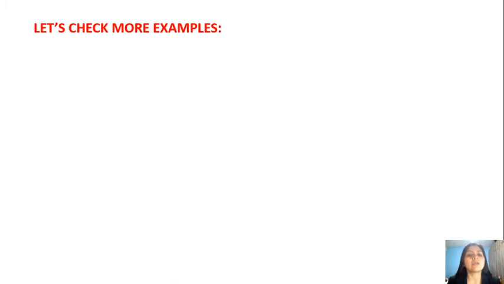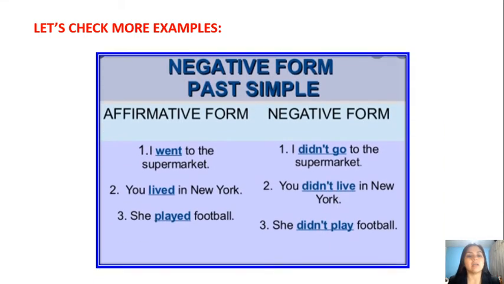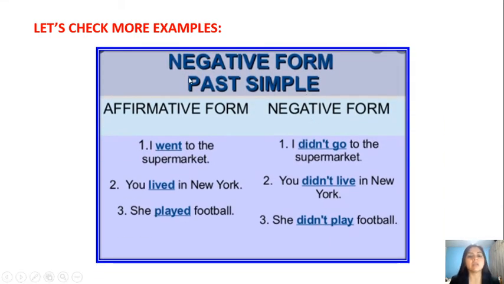We are going to check more examples so you can remember and identify. For example, we have here two columns of sentences. In affirmative, I have number one: I went to the supermarket. This is affirmative or positive. And what happens in the past? How can we change this sentence into negative?